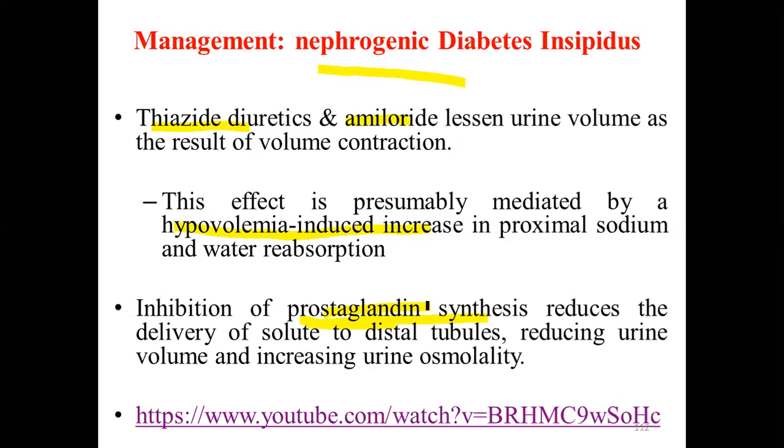By inhibiting delivery to the distal renal tubule, it can reduce urine volume and increase urine osmolarity. So that is the rationale why we're using NSAIDs in the management of this condition.